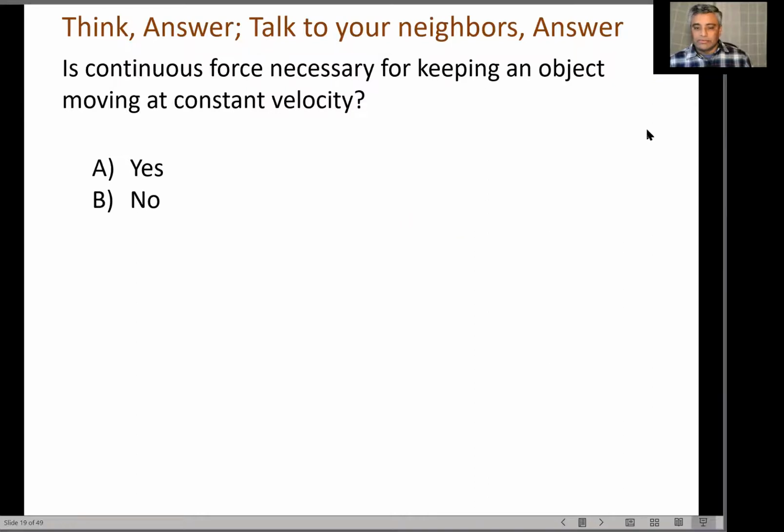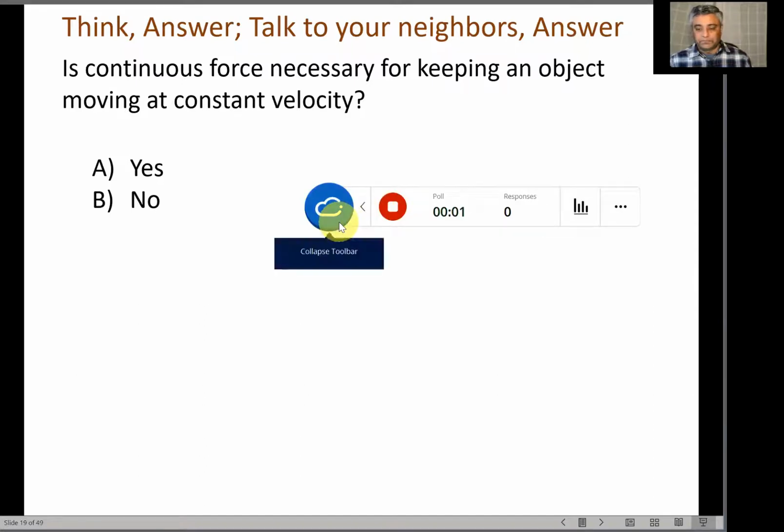So here is a question for you, based on what you learned last time. You have, let's say, 1 minute to answer this. You want to respond to this based on what you learned about Newton's first law of motion. 30 more seconds.